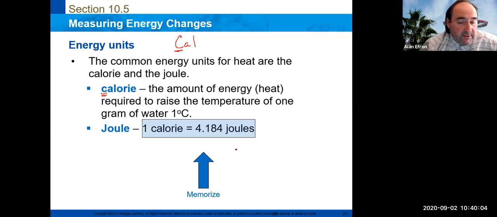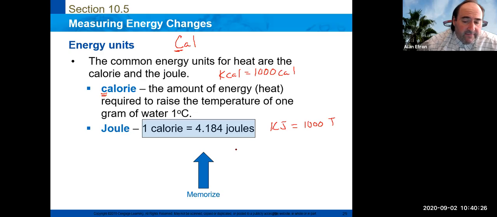A joule is also another unit of energy that's used a lot. The kilo versions of these are also used a lot. A kilocalorie is 1,000 of our little calories. Kilojoules is also used a lot, and that's 1,000 of our joules.